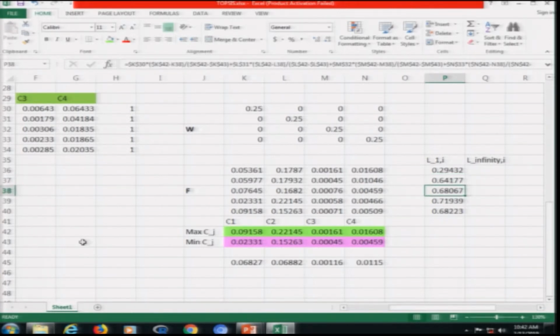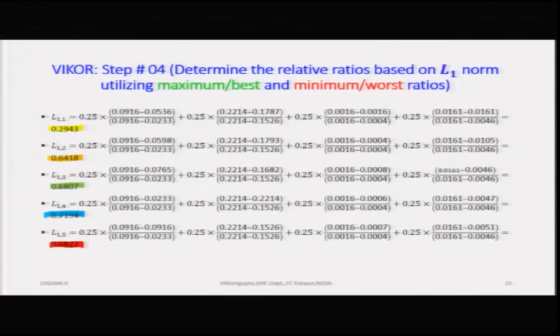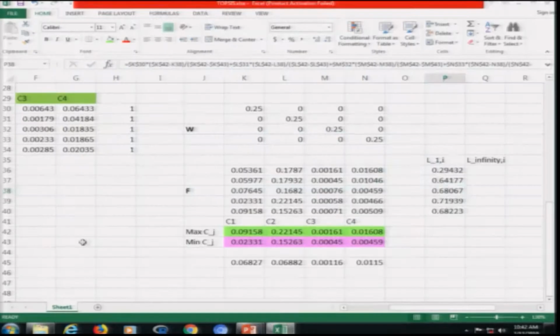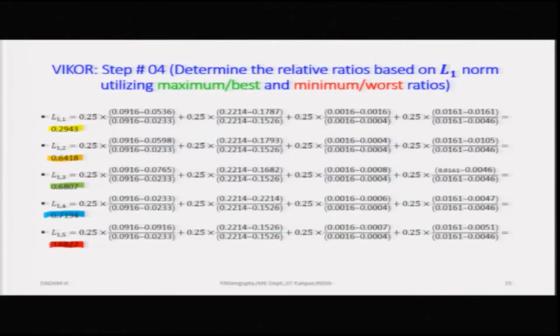L1 third alternative is 0.68067, which is the green color, is matching. The L1 fourth alternative is 0.7194, which is matching here, and the last one for the L1 norm fifth alternative is 0.6822, which is matching here. Now, once done, I have found out all the L1 norm values.